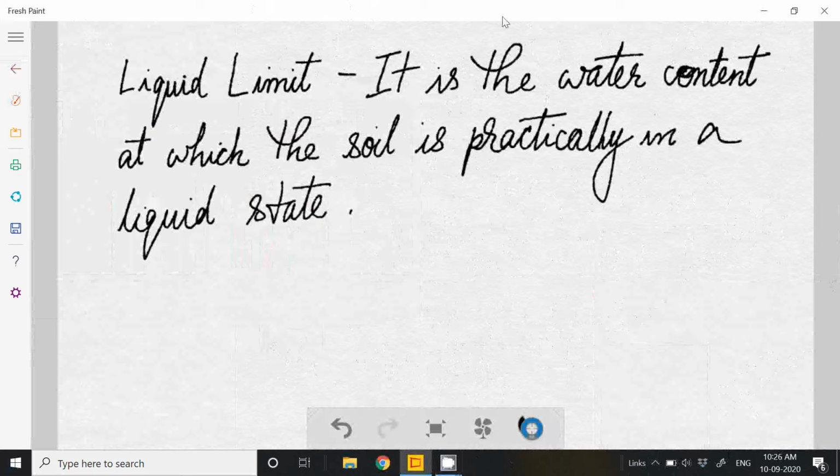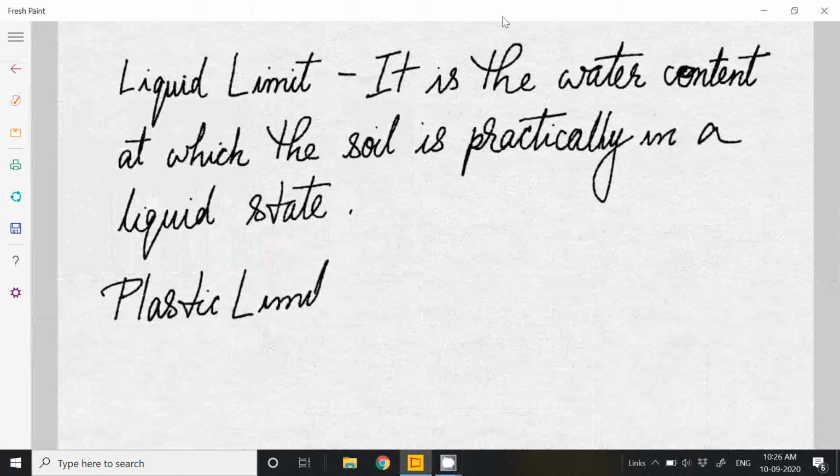Then let us go to plastic limit. We will go into this definition with respect to the experiment. We'll write the definition according to the experiment that is done.